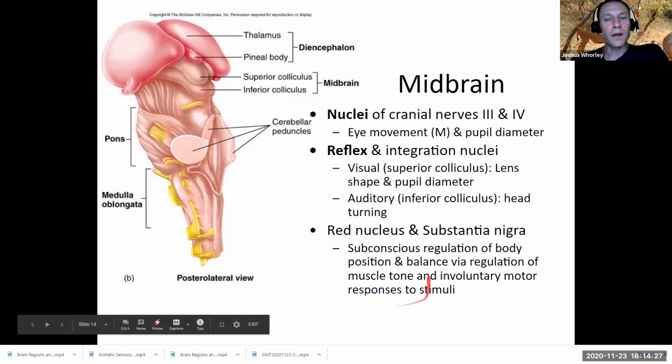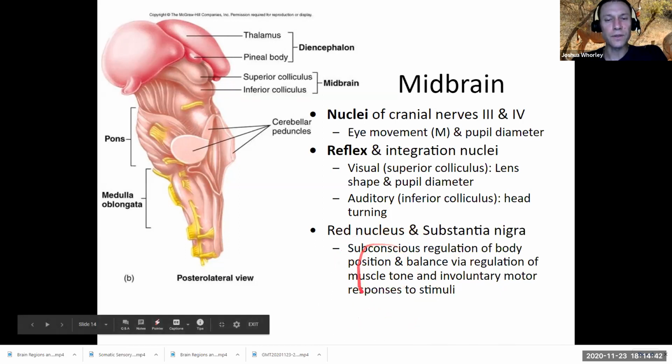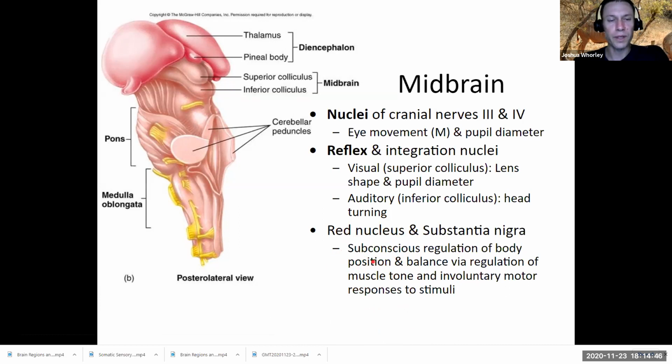You have a lot of motor output for those sorts of subconscious corrections, small corrections you have to make to body posture and skeletal muscles. That has nuclei here, and that motor output can originate there.